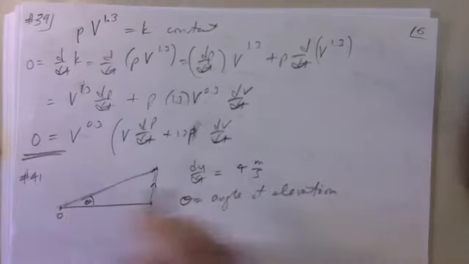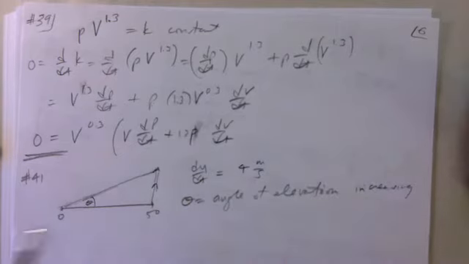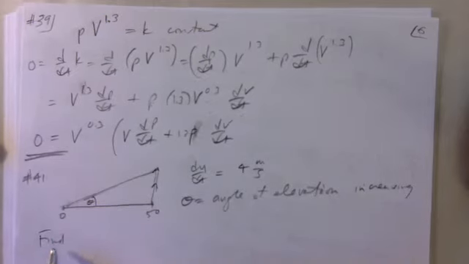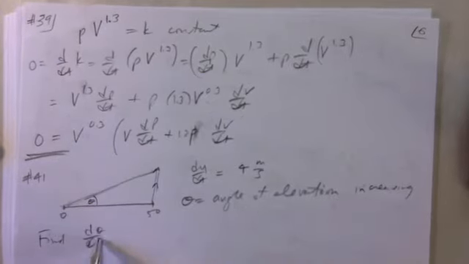And as the balloon goes up, this is clearly increasing. And we want to find the rate of change of the angle of elevation, so we want to find d theta/dt.